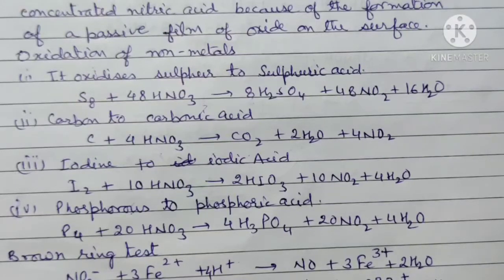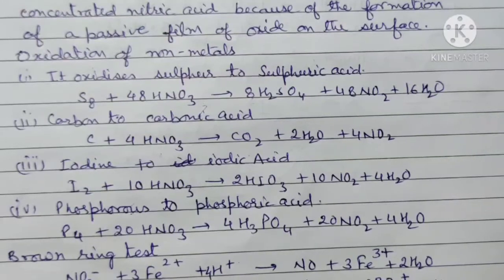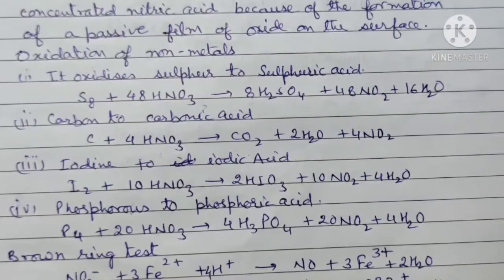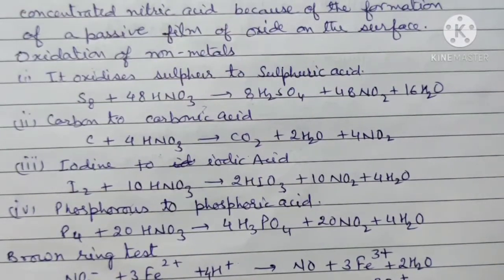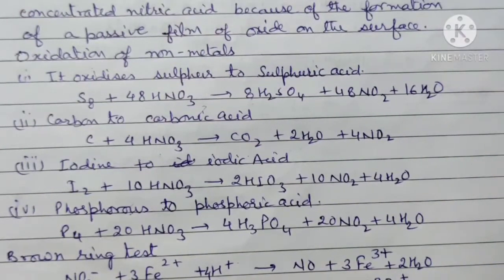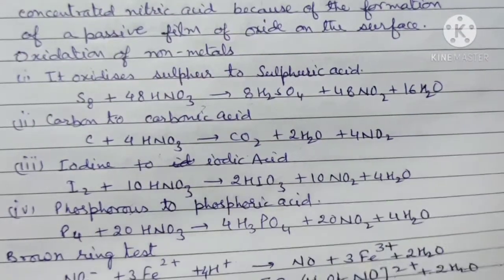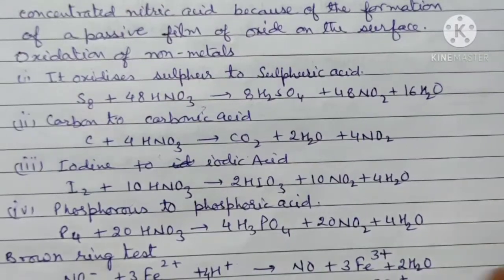So a brown ring of nitrosoferrous sulfate is formed. In this way, we can do the ring test for the nitrate ion. In this ring test we can identify the ion. If a ring is formed, that means the nitrate ion is present.